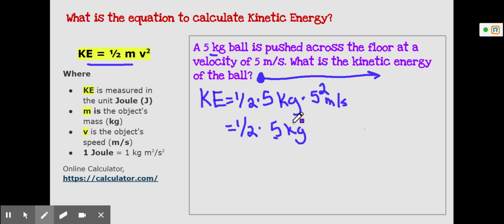That's the first step. Squaring the velocity means multiplying the velocity value by itself. When we write that out, we see that 5 times 5 is 25. Then we have 25 times 5, and then that will be multiplied times 1/2.